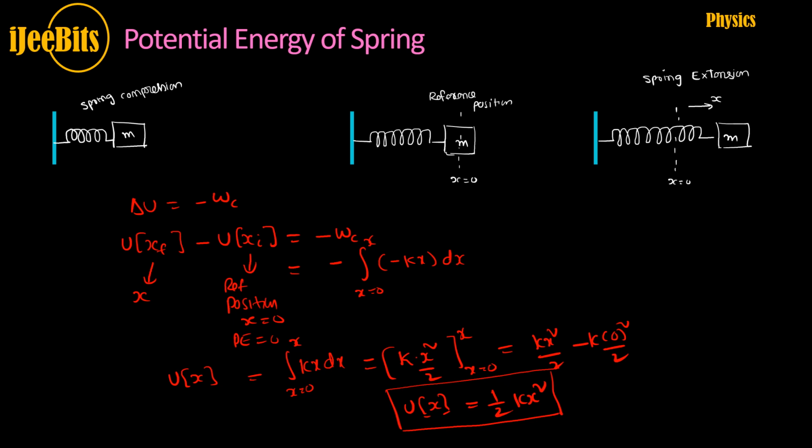So we understand the relationship between the work done, kinetic energy, change in kinetic energy, change in potential energy, and how work done equal to minus half kx square is also nothing but your potential energy, right? So finally, half kx square equal to Ux minus half kx square equal to minus work done. So change in potential energy is nothing but work done in the negative direction, right?